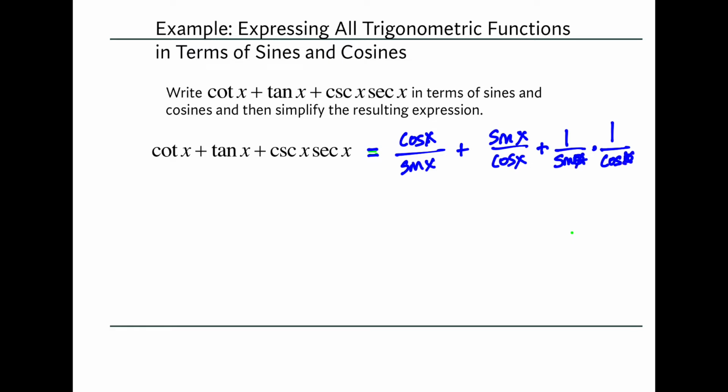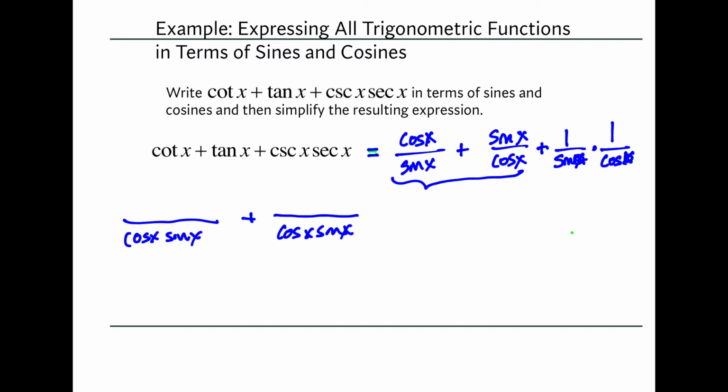So if we were wanting to write these together, we could start with the first two here. All right, well, I've got sine and cosine. Let's create their denominators so that they're made up of one sine and one cosine. So for these, we're going to make this cosine x, sine x, cosine x, sine x, getting a common denominator because we're trying to add them together.